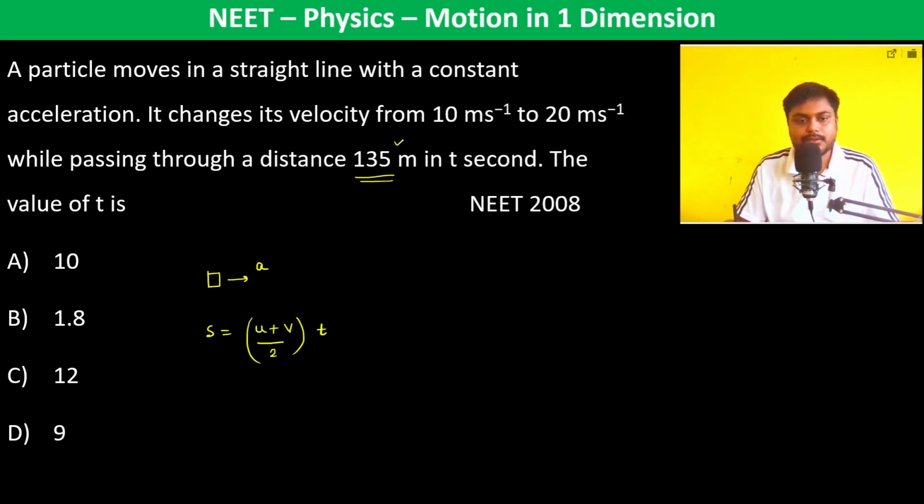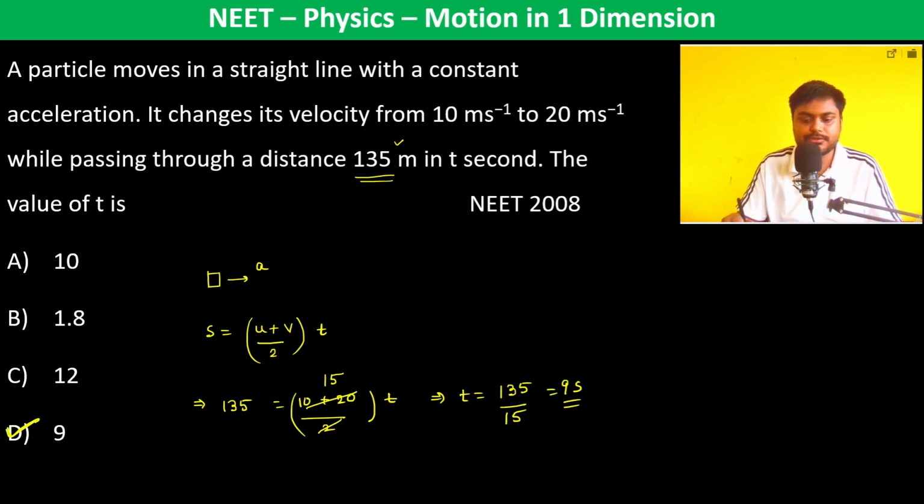Therefore s is 135, which equals (u, which is 10, plus v, which is 20) divided by 2 into time. So this is 30 divided by 2, which is 15. Therefore t is equal to 135 by 15, which is 9 seconds. So the answer is 9 seconds.